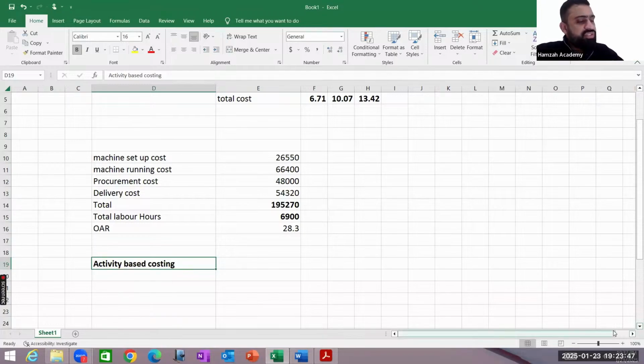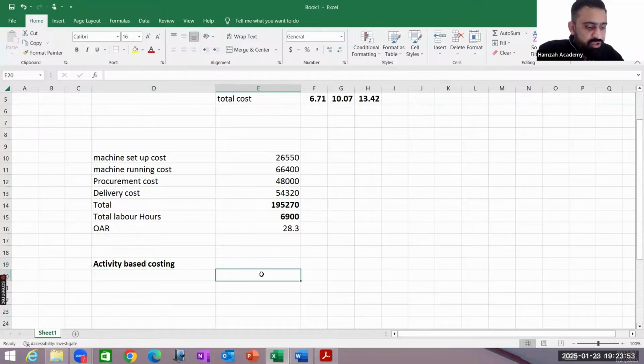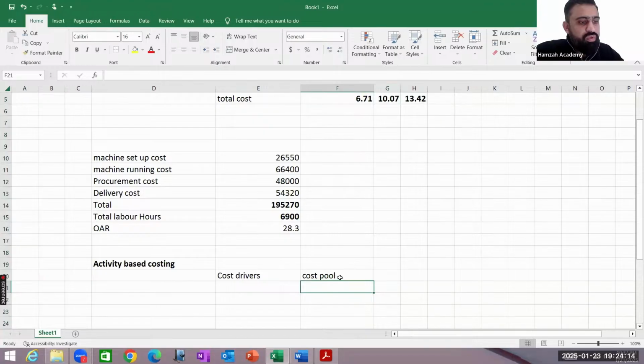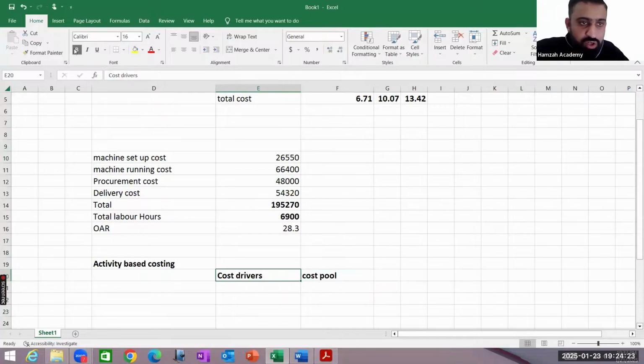Now in ABC costing system, you first of all need to identify certain things. First of all, you have to identify the cost driver, and you need to identify the cost pool. Now the cost pool is the total cost of a specific activity.